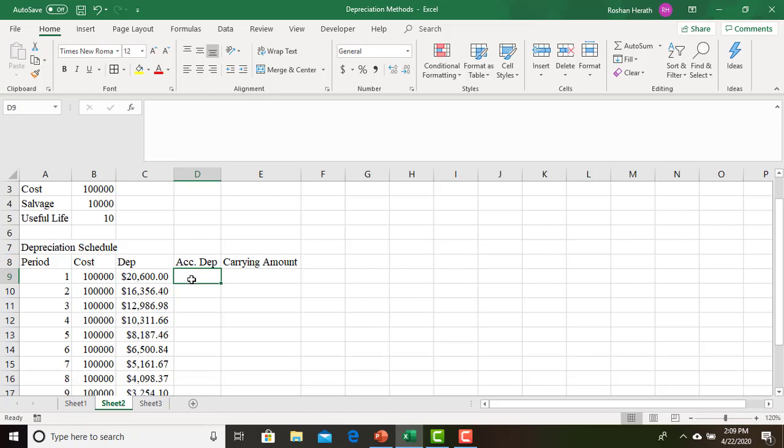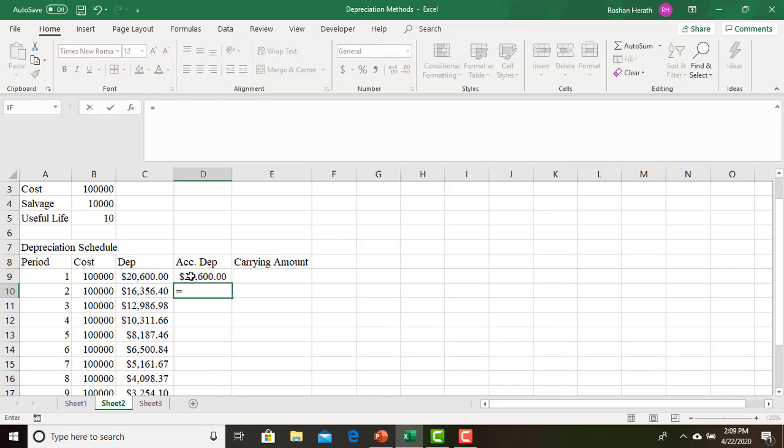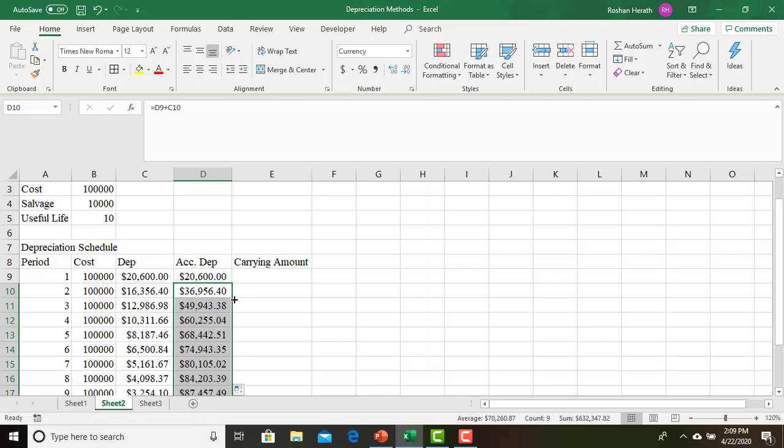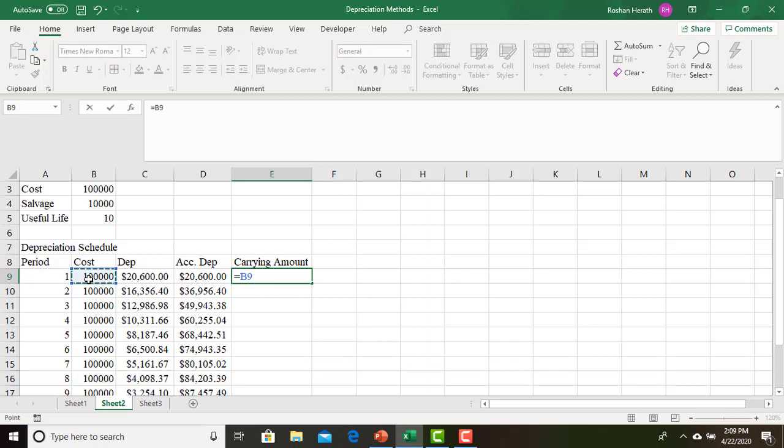Now you can work out the accumulated depreciation as we did earlier, and you may simply drag that down, so it will continue. The carrying amount, as usual, is cost minus the accumulated depreciation.